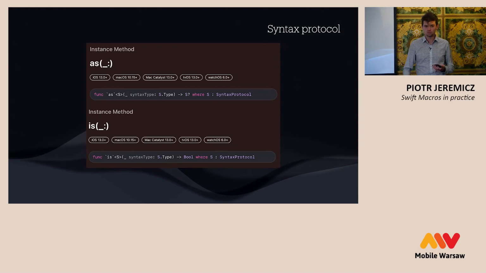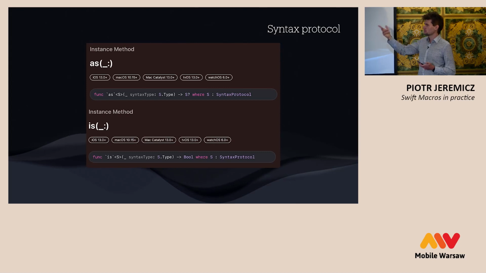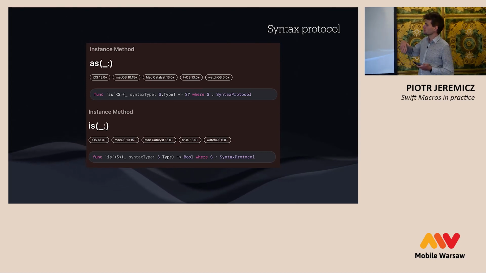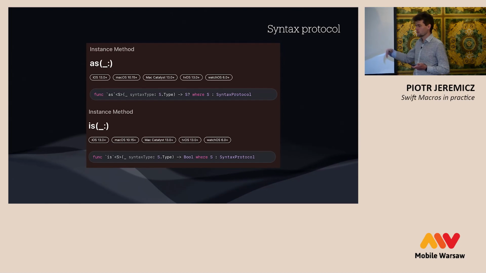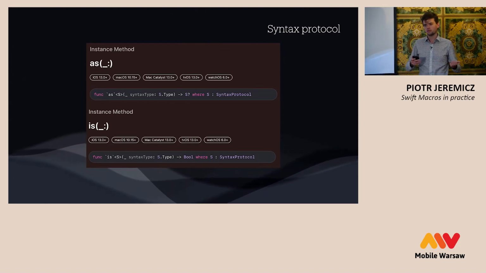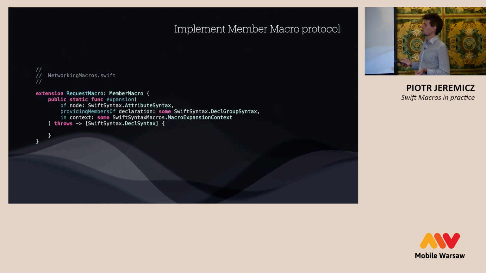It should be cast to the type that you think you will find. This first method, when you ask about a type, will return this type as an optional. The second one, when you ask if the syntax type is, for example, request type, will provide you true or false if it's correct. It will be helpful to follow with the Swift syntax later, but we'll come back to the code.